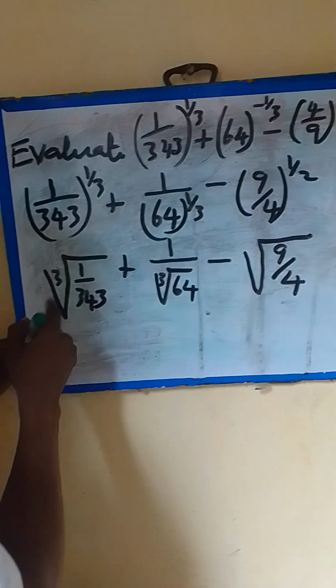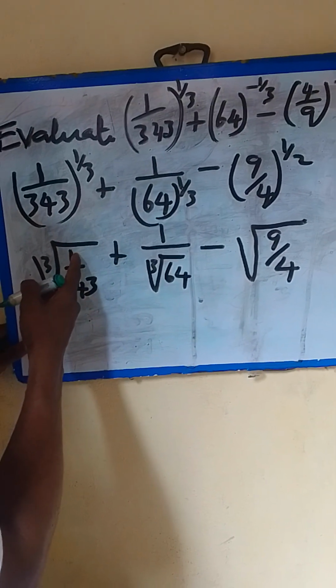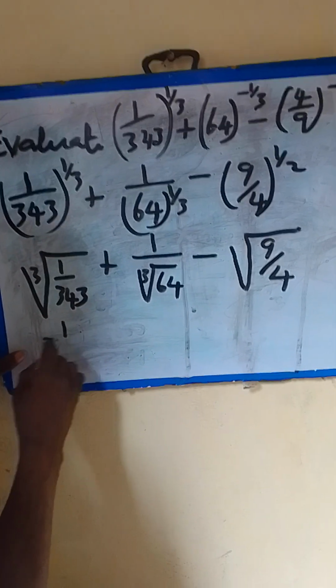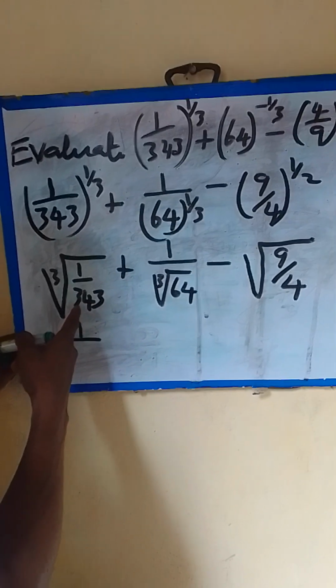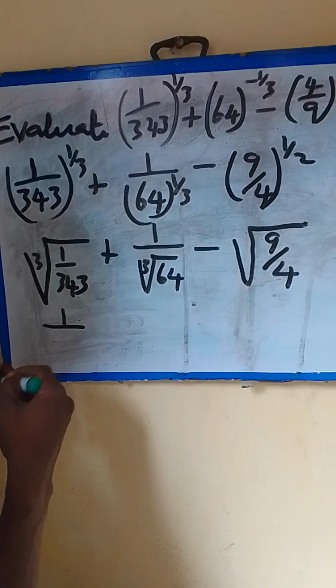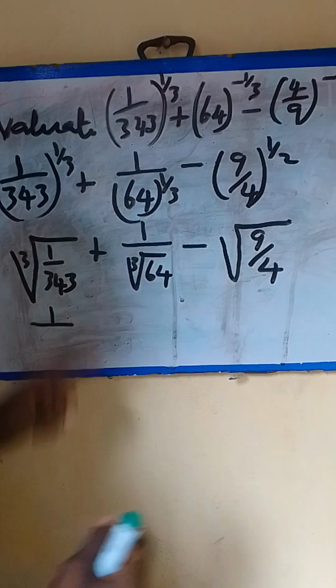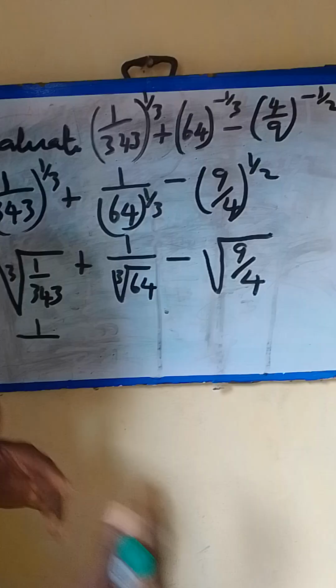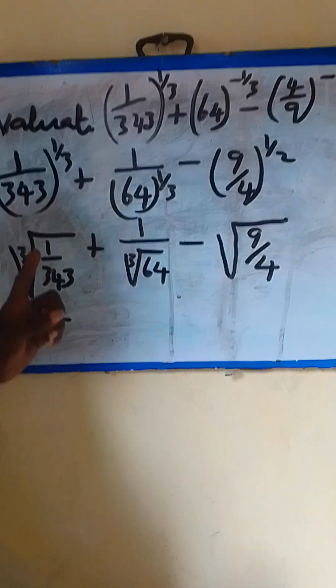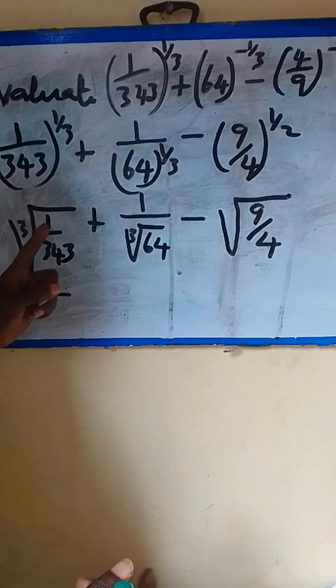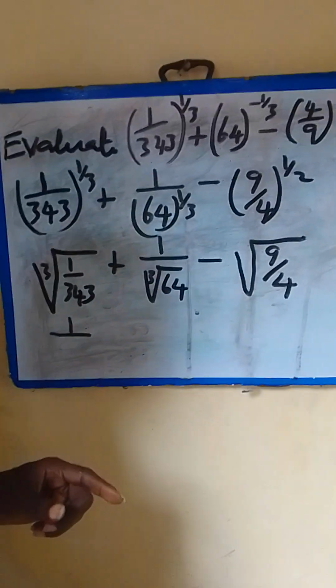So from here, the cube root of 1 is 1. You look for a number that, multiplied 3 times, will give you 1.